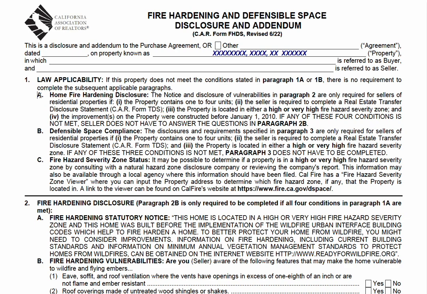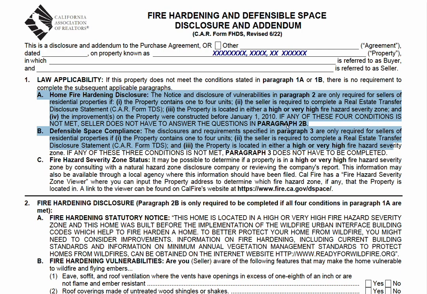So I'm going to simplify this whole mess here for you and tell you one simple thing. I'm talking about residential property: if the residential property is in a high or very high fire hazard severity zone, do this form.